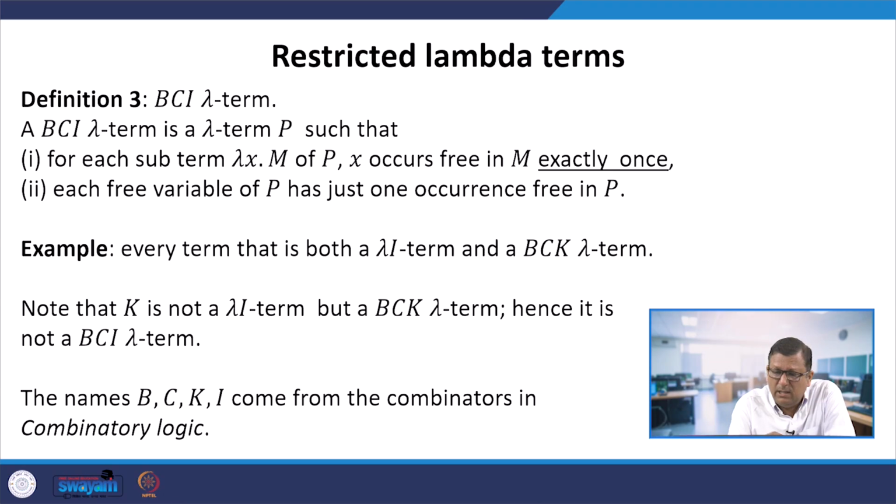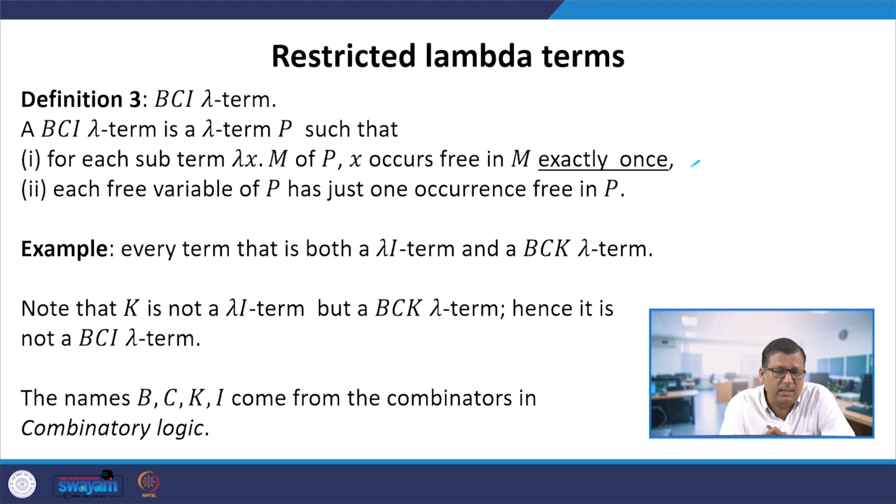Now the definition is quite similar. For the first one, the lambda I term, it was at least once. Then for this condition we had at most. Now it is exactly once. And the second condition is the same as before. That means a BCI lambda term has to be a lambda I term, and it has to be a BCK lambda term.